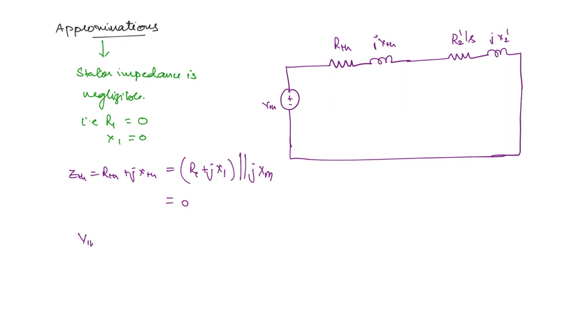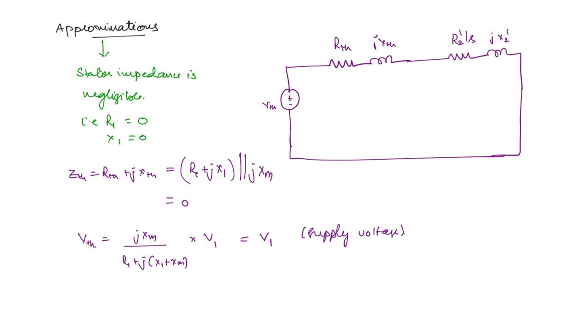Then what about VTH? This was JXM divided by R1 plus J times (X1 plus XM) into the supply voltage V1. Similarly, if you substitute R1 and X1 equal to 0 here, you are going to get simply the supply voltage V1. So if we assume that the stator impedance is negligible, then VTH is simply equal to V1 and ZTH is equal to 0.